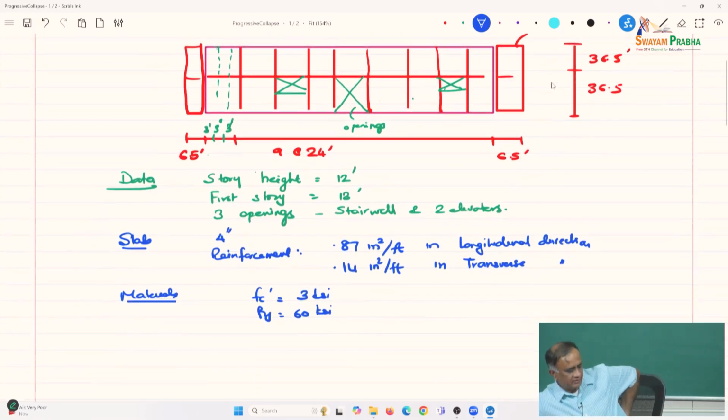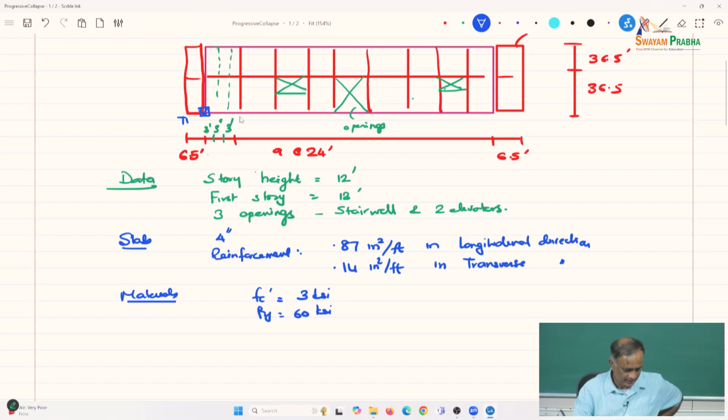And there are columns. So this is say T1, then there is the interior, let's say interior T3 and an edge column T2. So the columns are 24 inches by 24, just for this example.